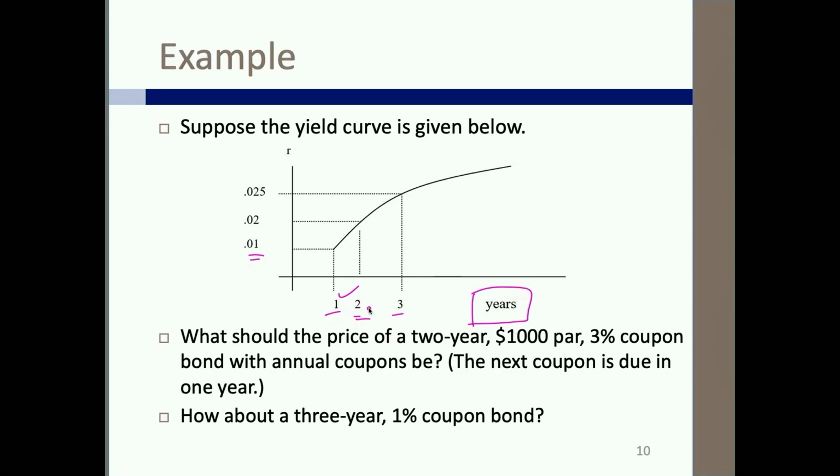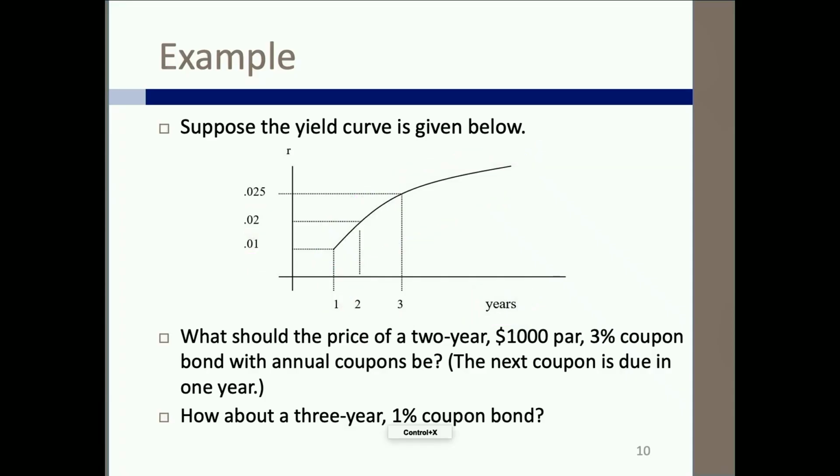The 2 year spot rate is 2%. The 3 year spot rate is 2.5%. Okay? So the 1 year spot rate of 1%, the 2 year spot rate of 2%, the 3 year spot rate of 2.5%, plot them on a graph, and we get a yield curve. This is called a yield curve or term structure of interest rates. Okay.